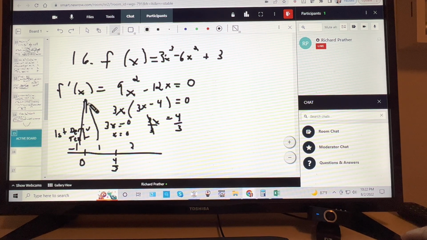You have to plug them into the first derivative, and you hope one is positive and one is negative, then you have a max or a min there. So it takes two calculations to figure that out. You have to do f prime of -1 and f prime of 1 to be able to tell what's happening at 0. And then you have to do two for 4/3 as well, but one nice thing is you can reuse the 1, so you don't have to do that all over again. You just reuse that one, but then you have to do this one too.